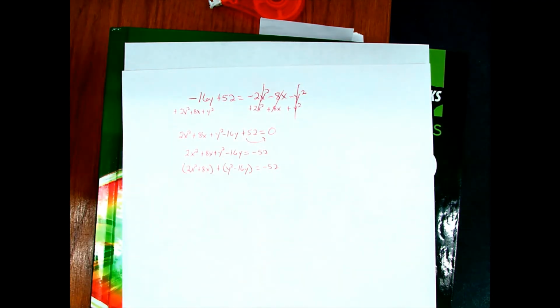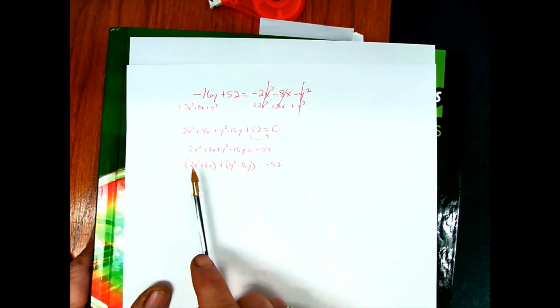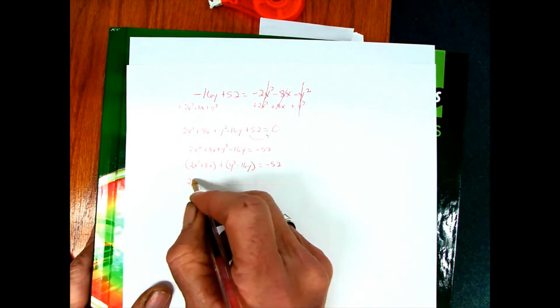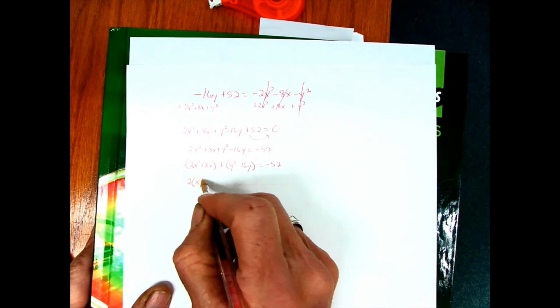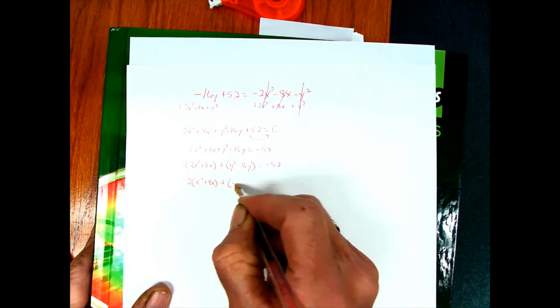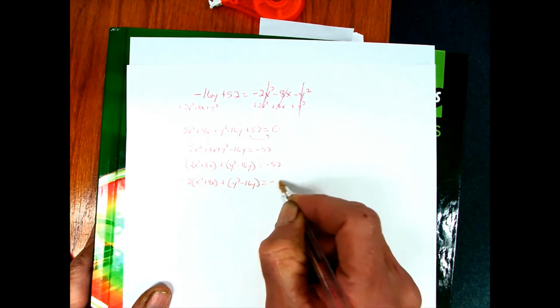All right, and here's what I see. I see right here with the x terms that I can factor a 2 out of that. So I'm going to do that. 2 times x squared plus 4x plus y squared minus 16y equals -52.